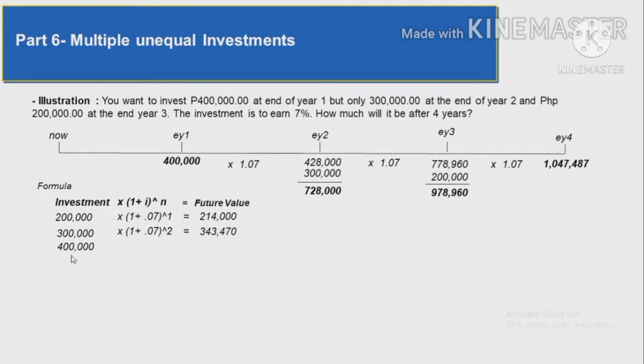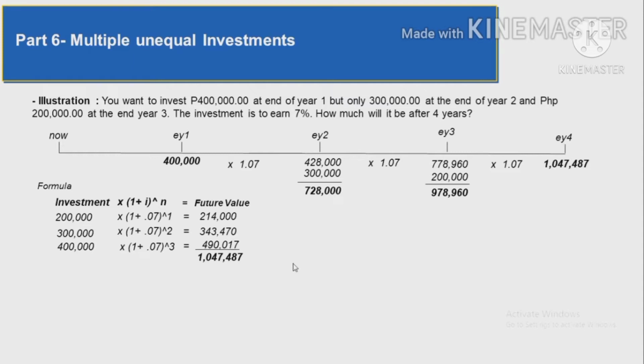And of course, the last is 400,000, and you are going to multiply it with 1 plus 0.07 raised to the power of positive 3 because it has 3 years of opportunity to grow, and then you'll have 490,017. If you add these 3, you're gonna get the same answer as what is on the time value. So that's it for all the parts.